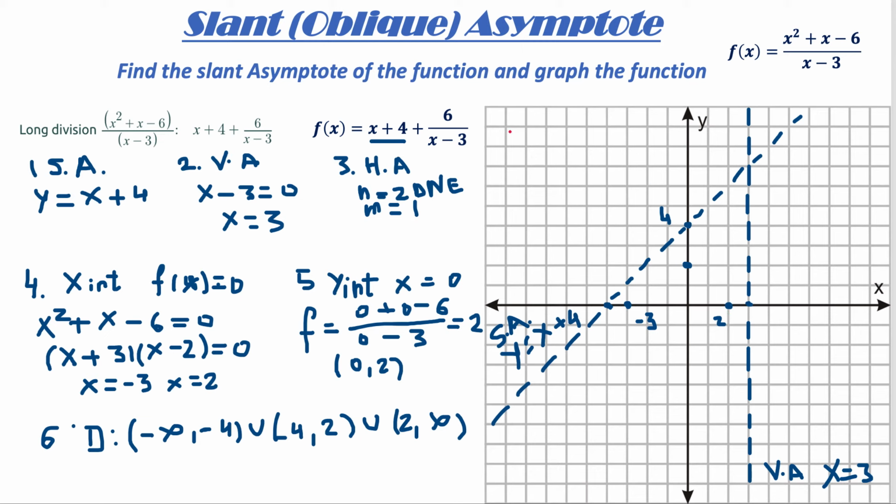And if the graph goes through these points, then the end behavior of the function goes very, very close to the asymptote here. Same thing is going to happen on the other side. The end behavior of the function goes very close to the vertical asymptote on this side.